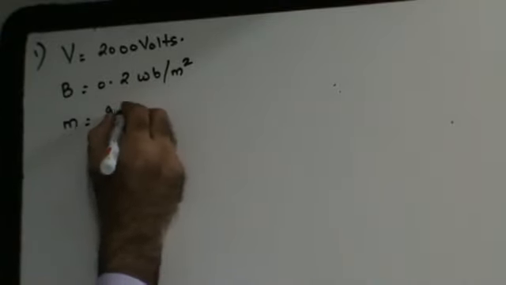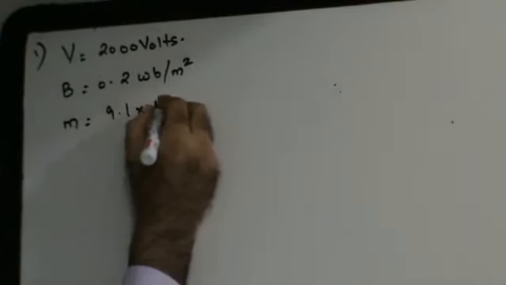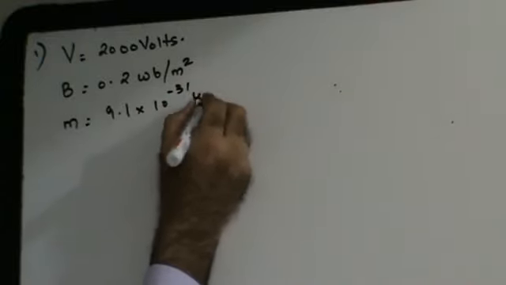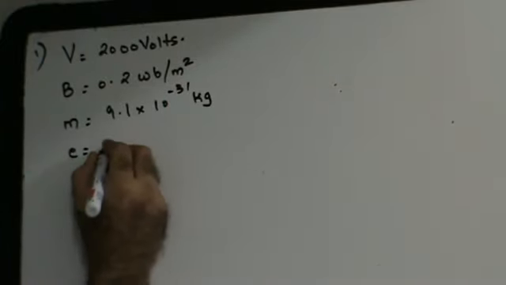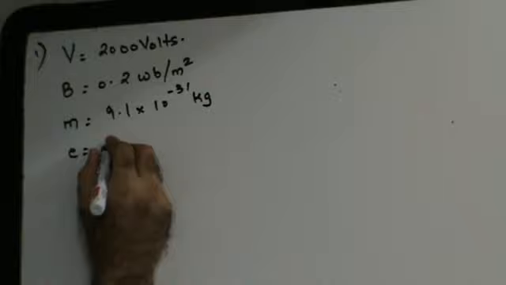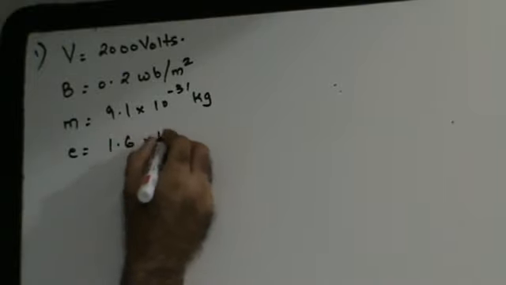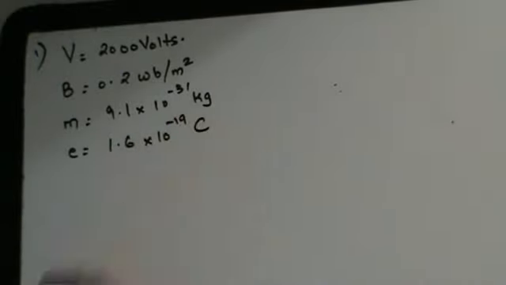Calculate the velocity of the electron and the radius of the path if the mass of electron is 9.1 into 10 raised to minus 31 kgs and the charge on electron is 1.6 into 10 raised to minus 19 coulombs.